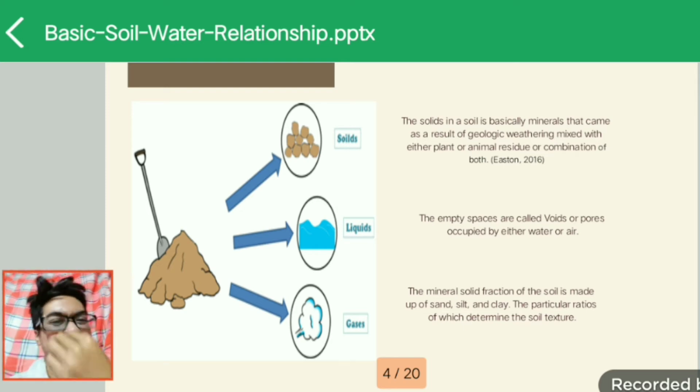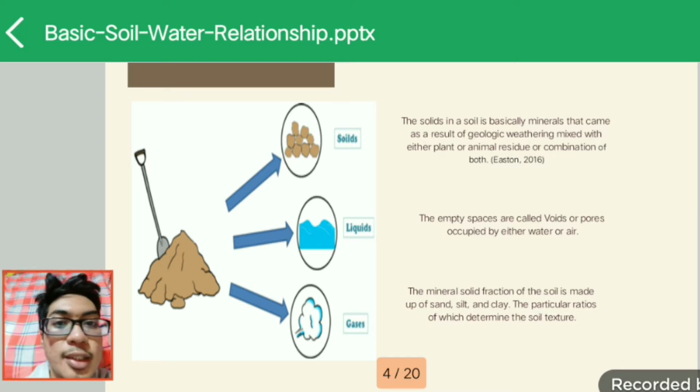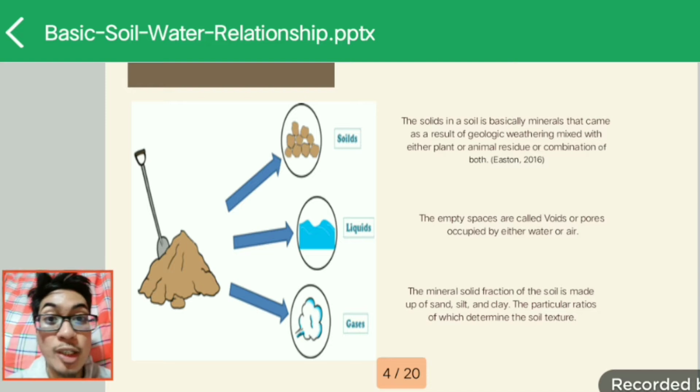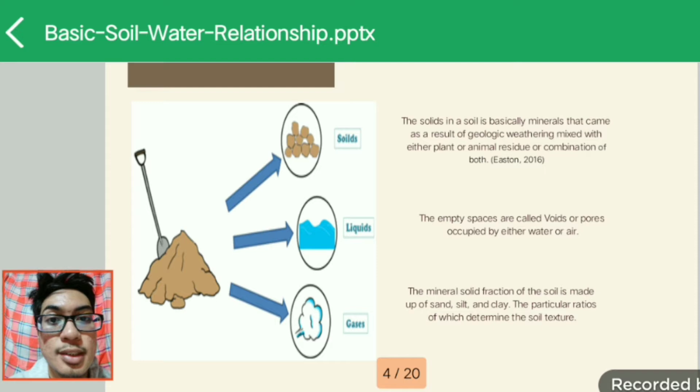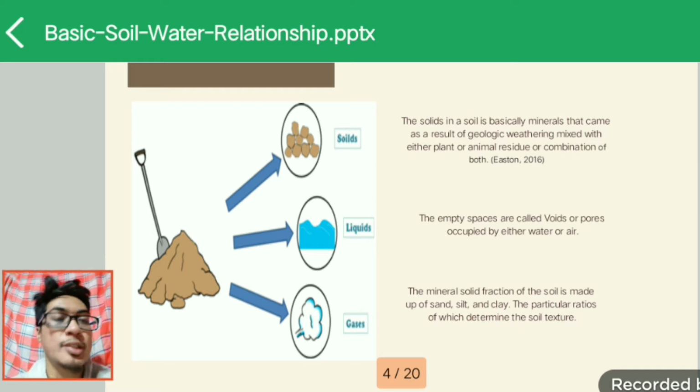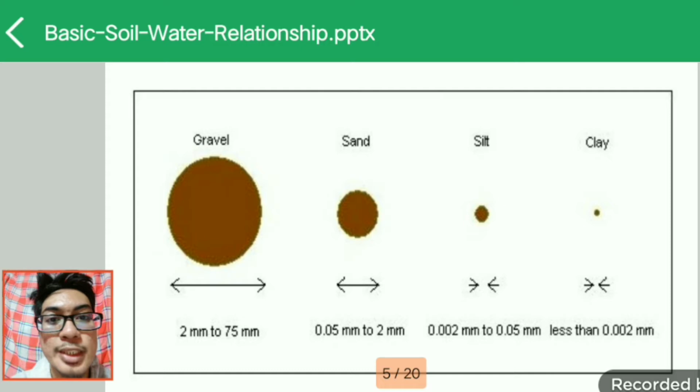There is a study from Virginia Tech University that provides a triangle to identify the percentages, which, when you have them, gives you the type of soil or the soil texture. Usually these are the sizes of the sand, gravel, silt, and clay present in the solid phase of a soil.